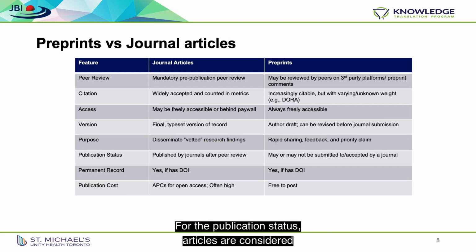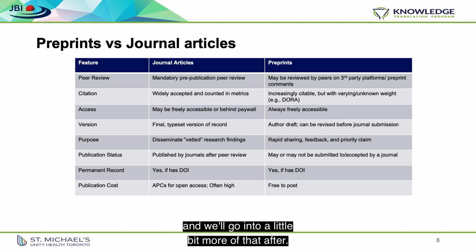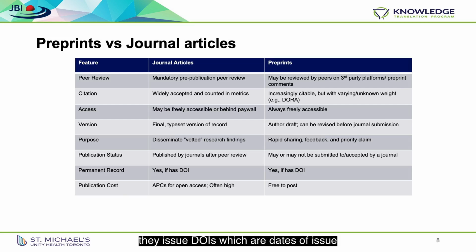For the publication status, articles are considered published after journal peer review, and if they're published in a journal. Preprints may or may not ever be published, and we'll go into a little bit more of that after. And then both journals and preprints are a permanent record, depending on the server, but most servers issue DOIs, which are dates of issue, and that is a permanent record.